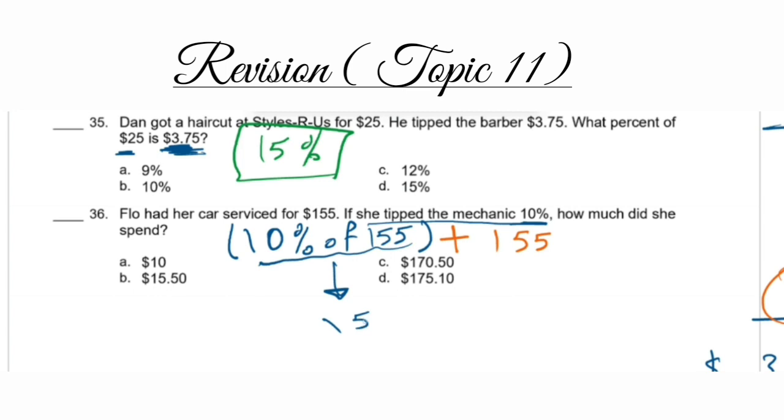With the point after one digit, it's 15.5. Add this to 155, and you will get the answer, which is 170.5. So the answer is $170.5, which is C.